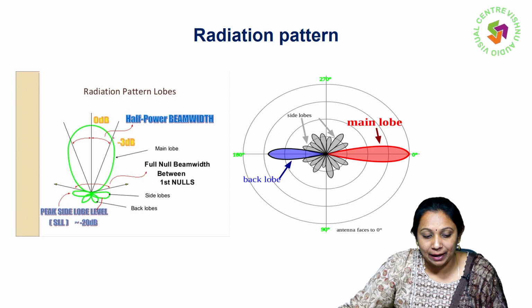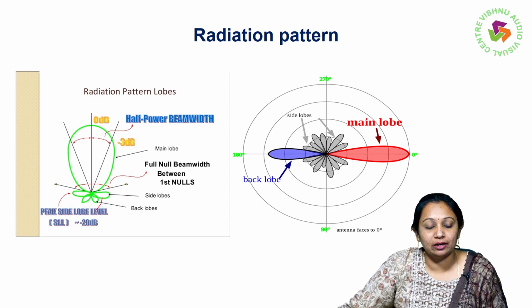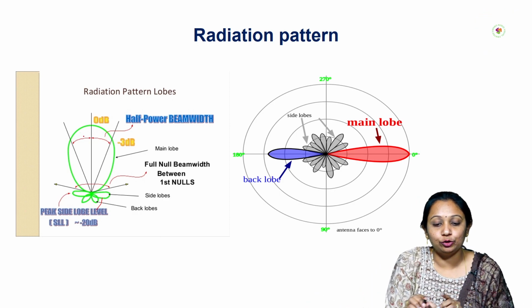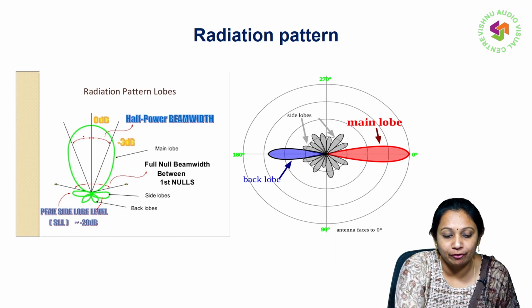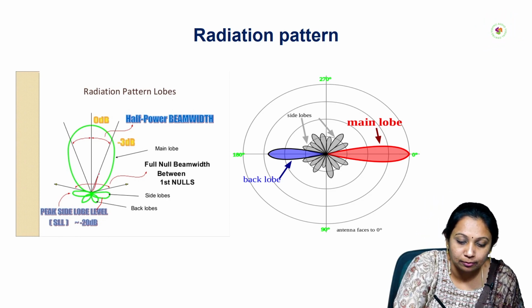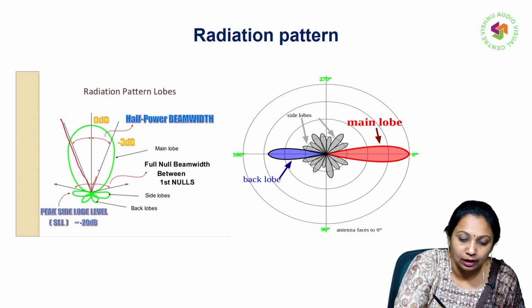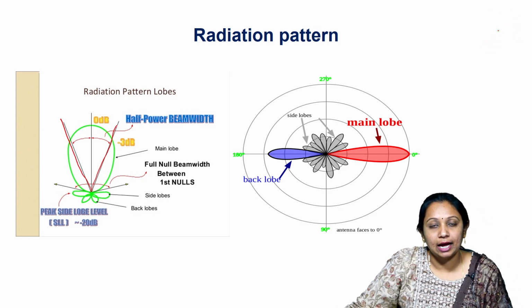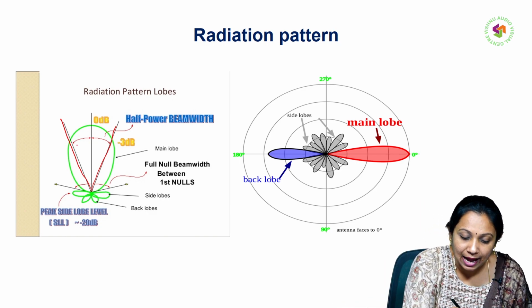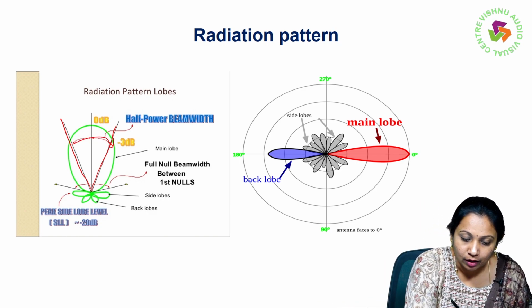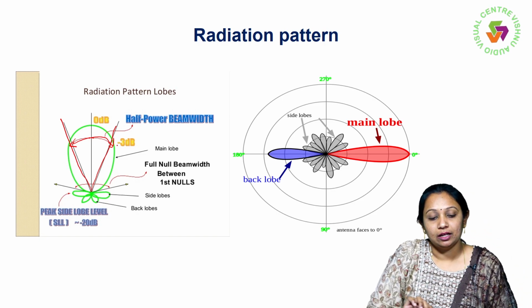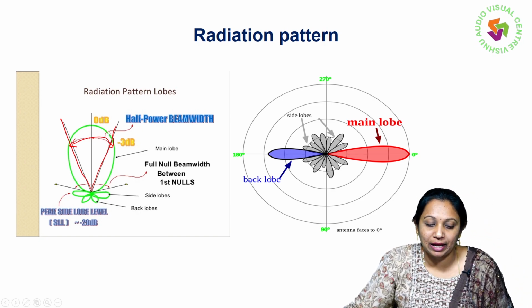From this lobe structure, we are going to define two terms. One is half power beam width. If you draw the lines, the half power beam width is the angular beam width between the half power points of the maximum lobe direction.